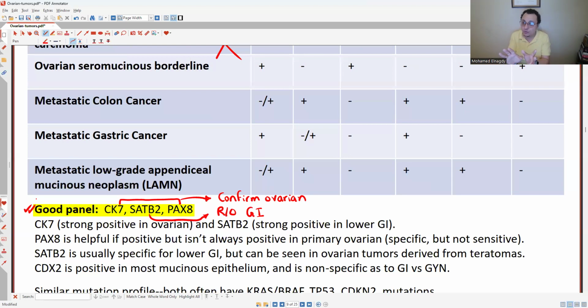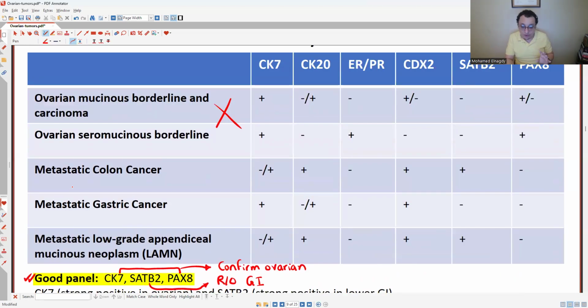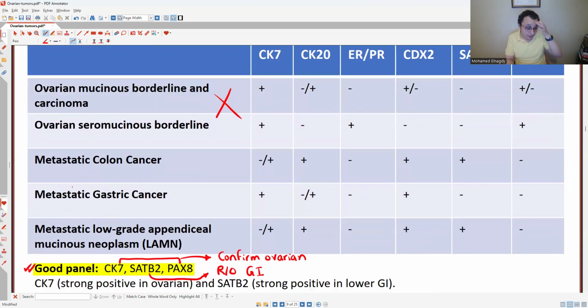So if I see SATB2 positivity and CK7, PAX8 are not strongly positive or even negative, especially PAX8, this means that it's coming from outside. But if I see CK7, PAX8 positive and SATB2 negative, this confirms that I'm dealing with a primary ovarian mucinous cancer. Okay, you got it?